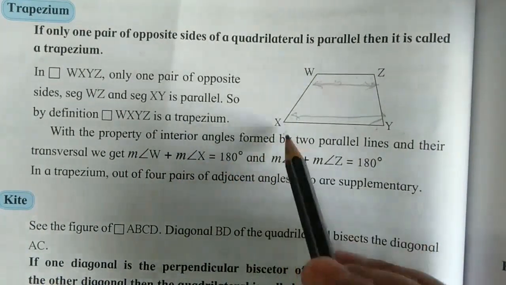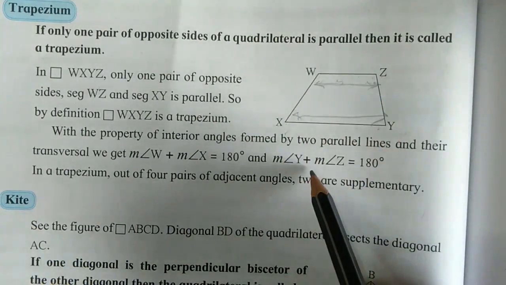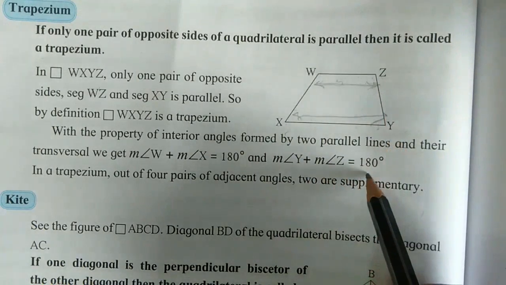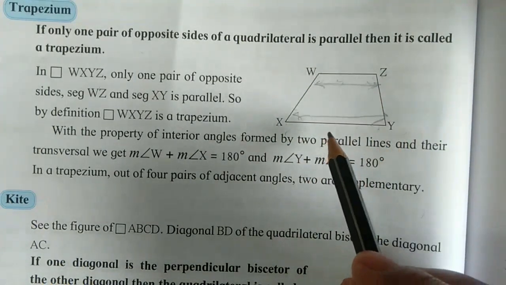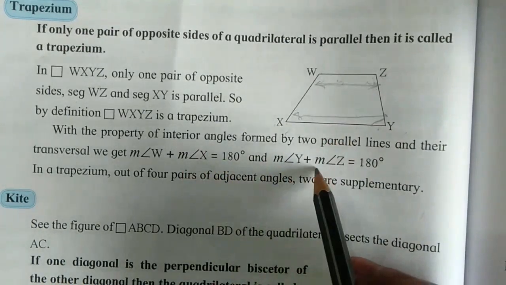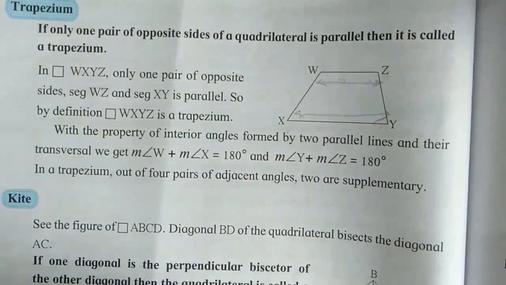Means this is one pair, and measurement of angle Y plus measurement of angle Z is equal to 180 degree. Means only two pairs of adjacent angles are supplementary, and this is the property of trapezium.